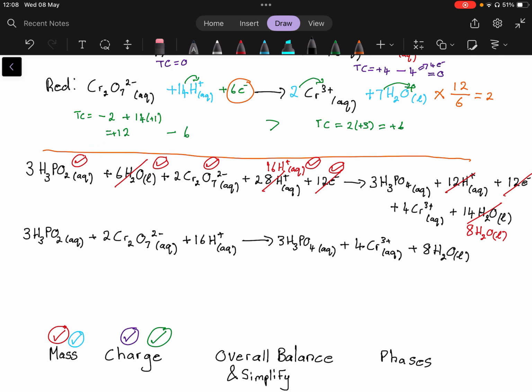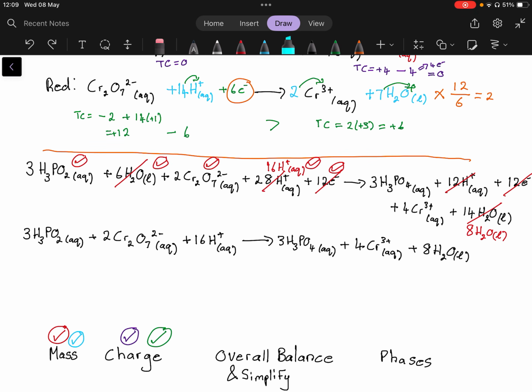Now we just need to check overall mass balance. So we start with all the non-hydrogen and oxygen species. So we have one phosphor, there's one phosphor there, so that's fine. Then chromium, we have 2 times 2 chromium, and here we have 4 chromium, so those are fine.